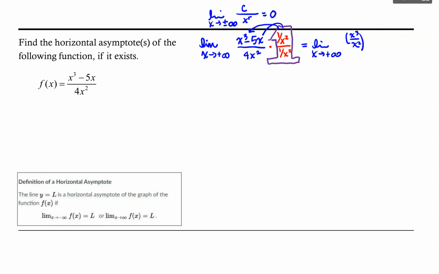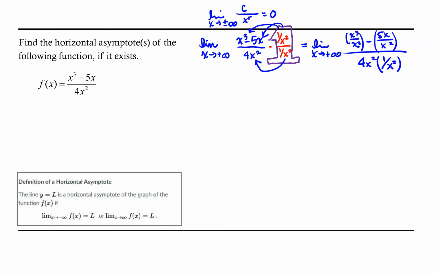And 1 over x squared times minus 5x, so minus 5x over x squared, all over, and then we multiply the denominator as well, 4x squared times 1 over x squared.